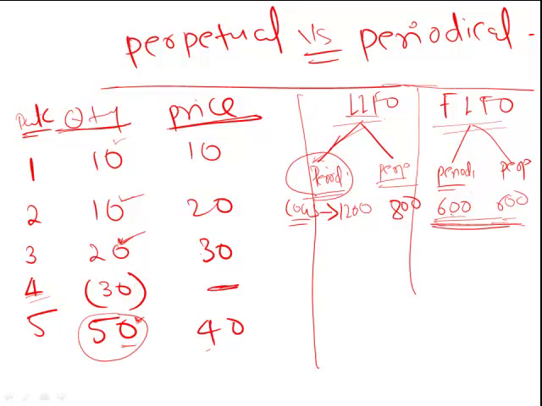But when I am using FIFO and I am selling on the 4th, I cannot sell the 50 which I am going to acquire on the 5th. I can sell only the goods that I already have, and therefore FIFO COGS is going to be the same irrespective of whether it's periodical or perpetual.